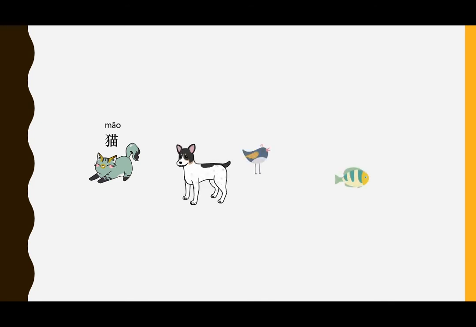Okay, since we have mentioned cat, 猫, before, let's learn some animals in our daily life as well. They are 狗, 鸟, 鱼, which means dog, bird, and fish. Now please read after me. 猫, 狗, 鸟, 鱼.